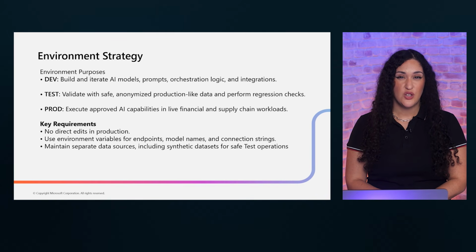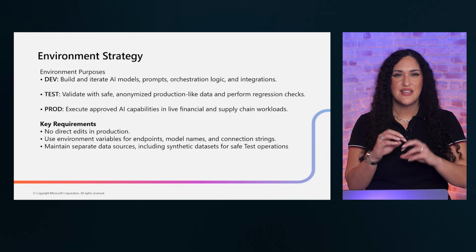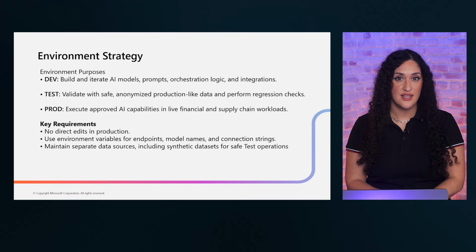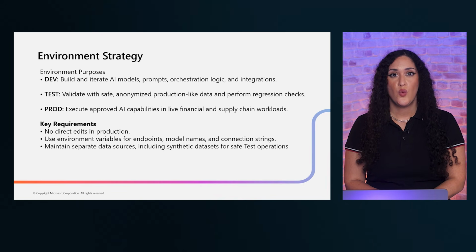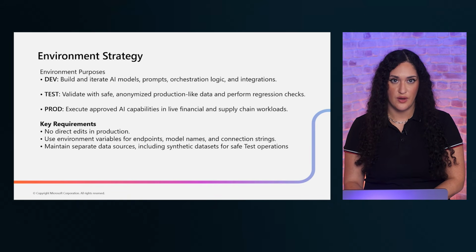Key requirements include no direct edits in production ever, using environment variables for endpoints, model names, and connection strings, and maintaining separate data sources, including synthetic datasets for safe testing. Synthetic data is your secret weapon for testing financial AI without exposing real financial records.